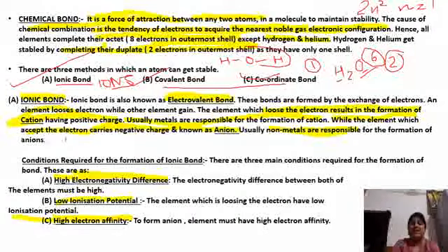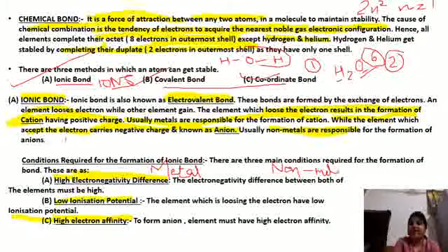difference. See beta, in ionic bond two things are required. The very first element is metal, which is donating electron, and the second one is non-metal, which is accepting the electron.